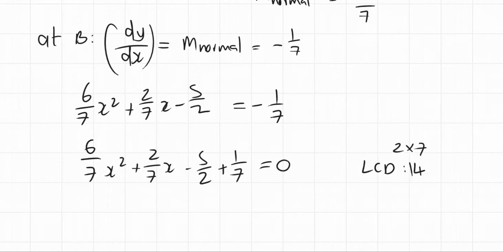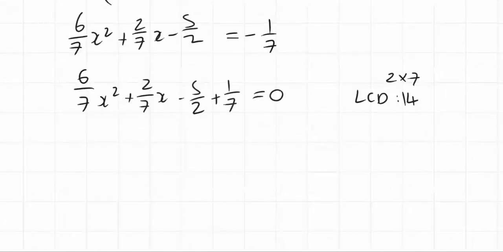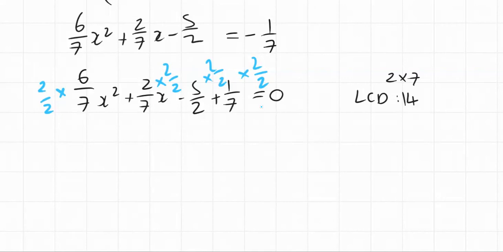So if we do an LCD of 14, this is already over 7, so we times it by 2/2, and this by 2/2, and this by 2/2. The reason I'm doing an LCD of 14 is just to try and get rid of these denominators.